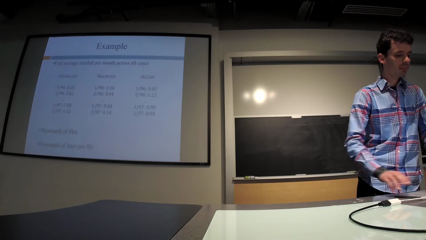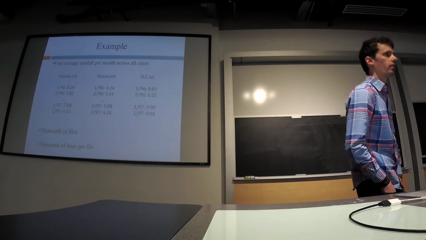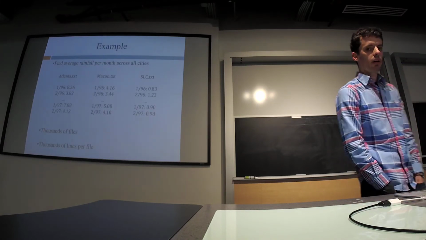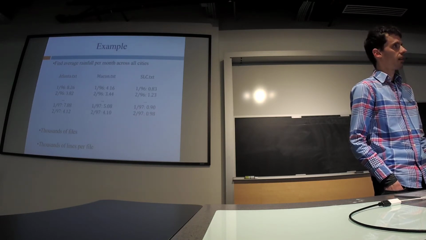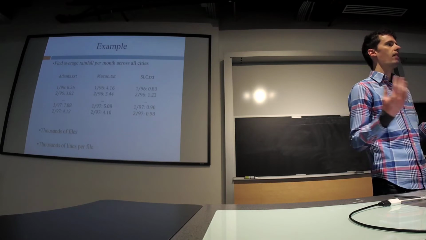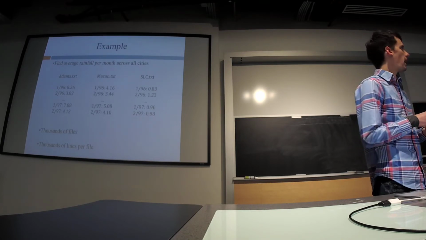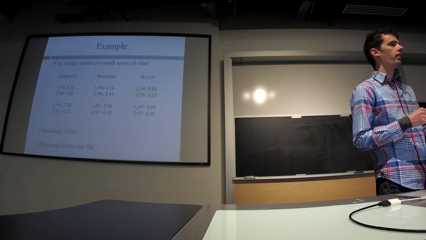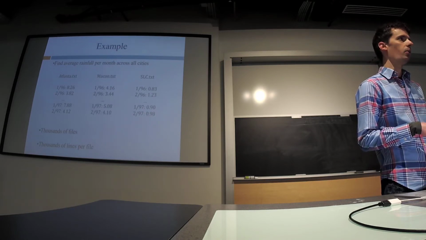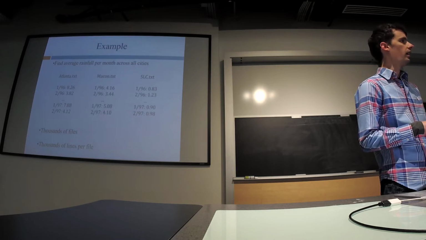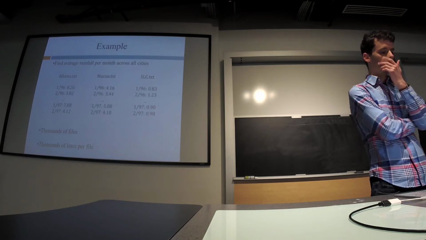Okay? So here's a little more interesting example. Say you want to find the average rainfall per month. So this is the average rainfall for January, and you have all this information distributed by cities. So Atlanta, SLC, say there are thousands of cities.